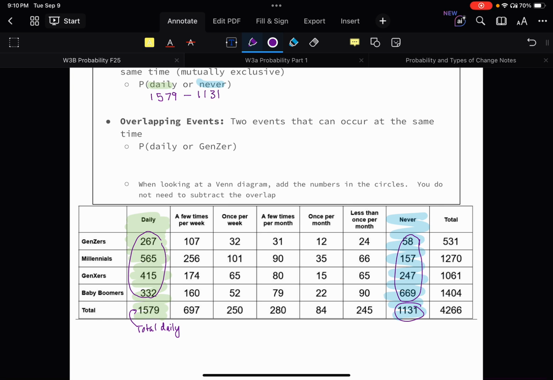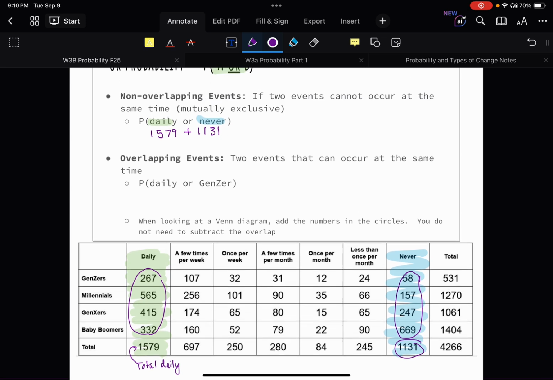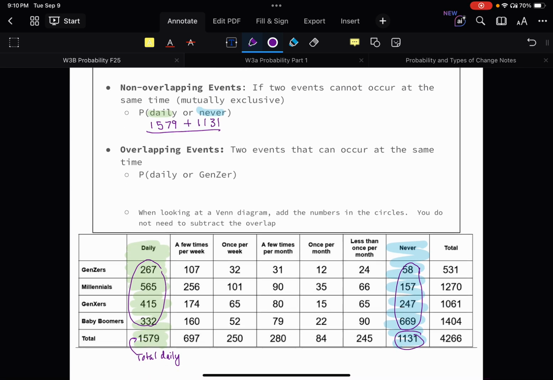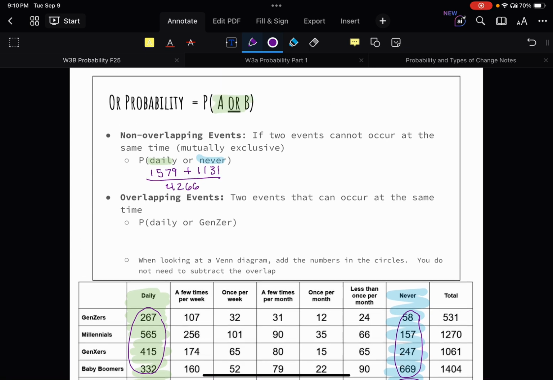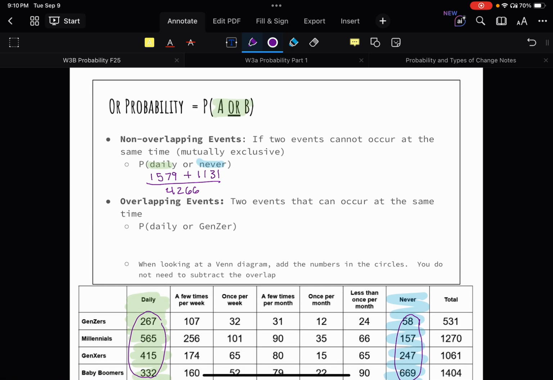And so the total number of daily or never people who got their news from social media would be the total of those two totals. And it's still out of the total in that table, the 4,266.